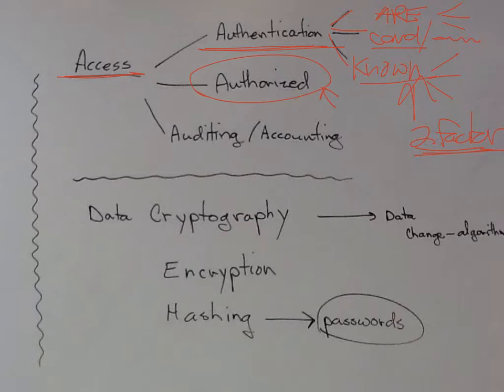And then we gave the example, the difference from logging in to Windows 10 versus Windows 8. You have a lot more rights at Windows 8. And then there's auditing or accounting. You keep track of what you did: who logs in, what they can do, and then what they did.